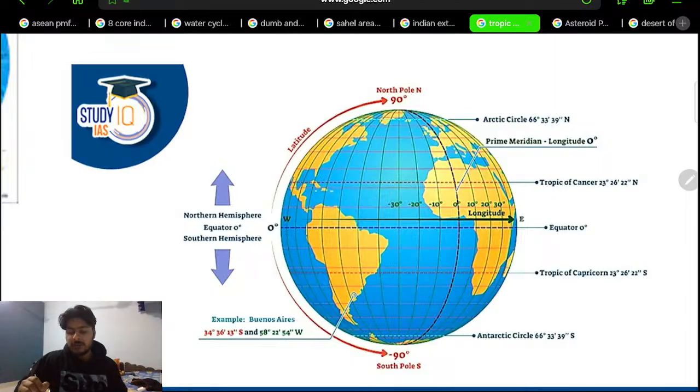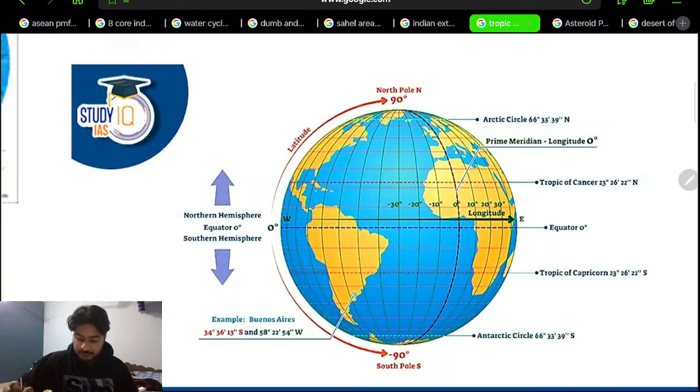The complete area between 23 and a half north and 23 and a half south is known as the tropical area. Clear, everybody?